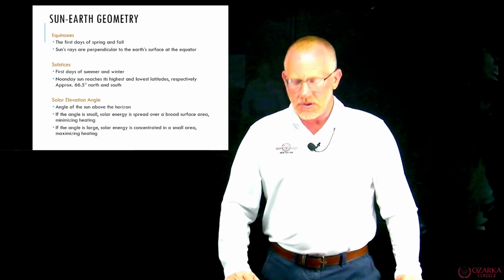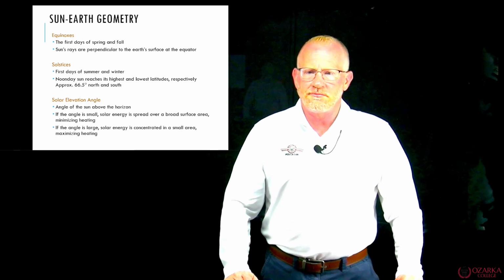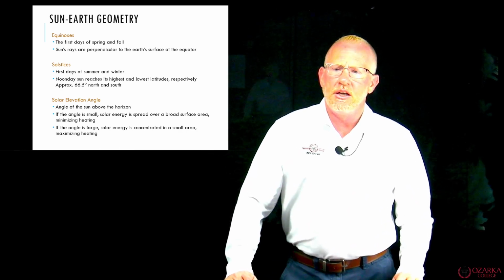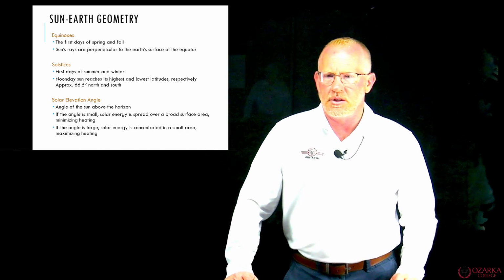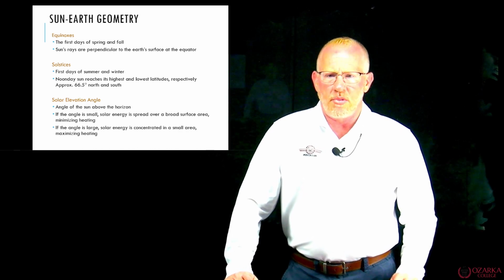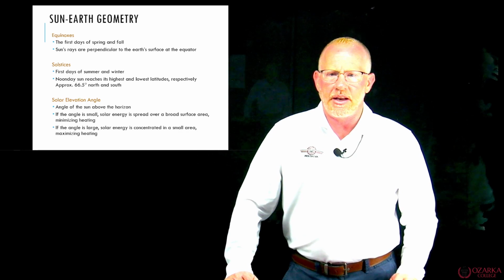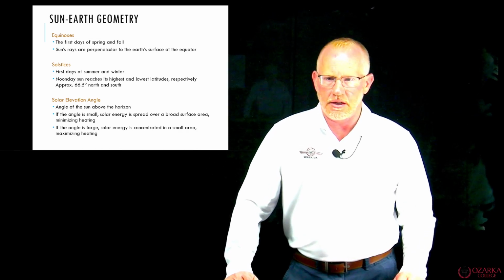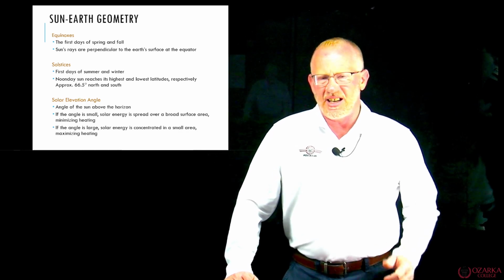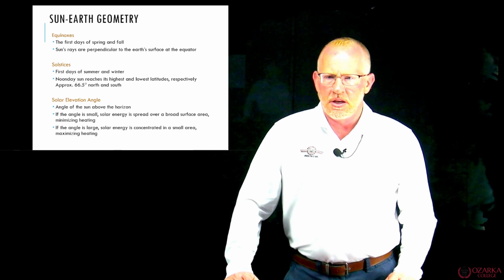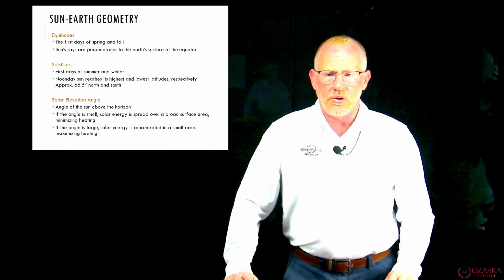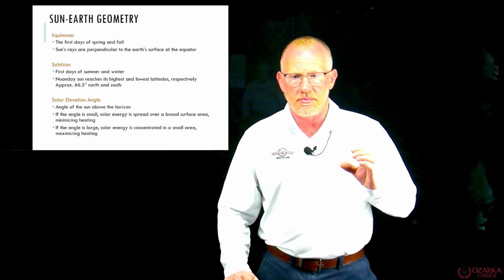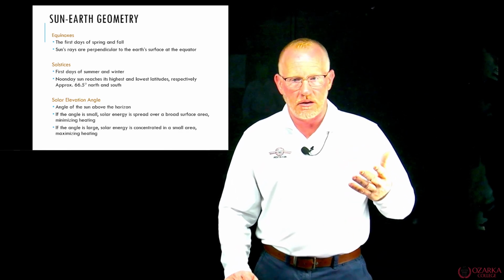So let's talk about the solar elevation angle. The solar elevation angle is the angle of the sun above the horizon. All right? If the angle is small, solar energy is spread out over a broad area, and it minimizes heating. But if the angle is large, solar energy is more concentrated in a smaller area, makes it hotter.